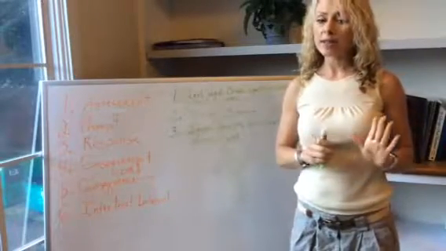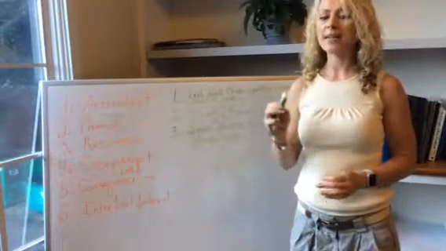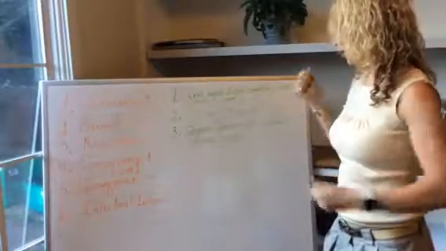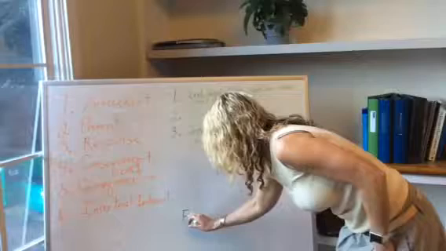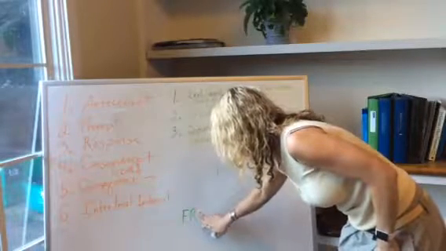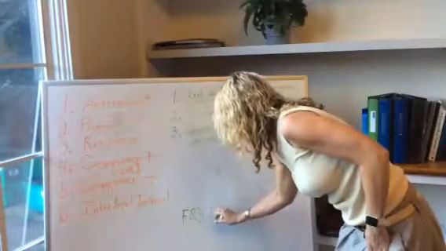If I wanted to say, and remember that's continuous reinforcement, right? But if I did a fixed ratio, which is FR, a fixed ratio could also be something like 1-to-2, okay?